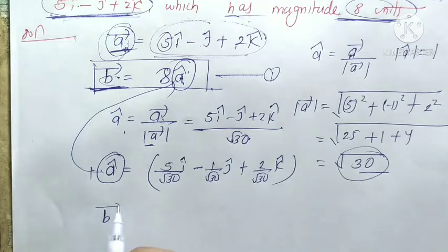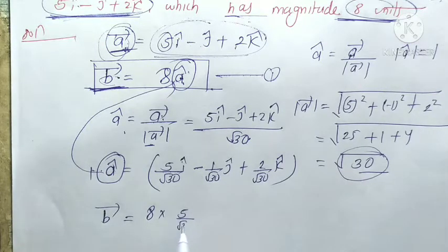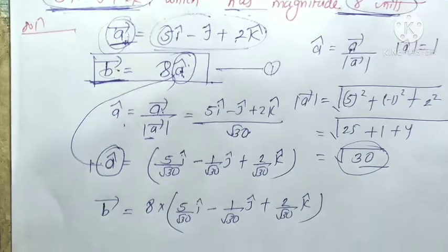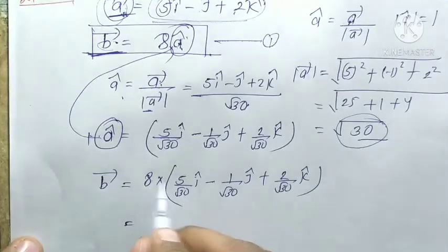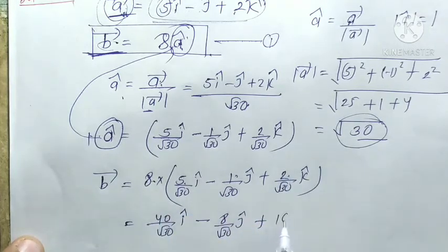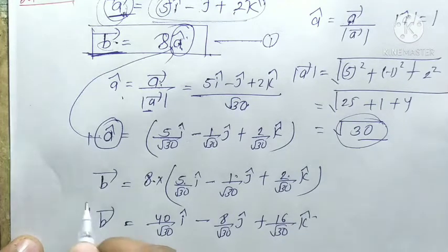So finally we can write here b is equal to 8 into 5 upon under root 30 i minus 1 upon under root 30 j plus 2 upon under root 30 k. 5 into 8, 40 upon under root 30 i minus 8 upon under root 30 j plus 8 into 2, 16 upon under root 30 k. So this is our value.